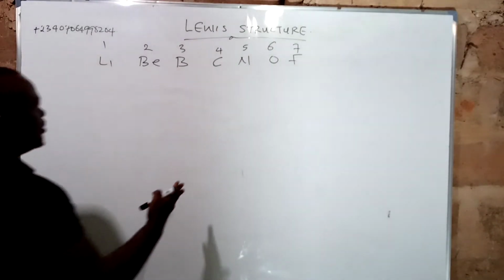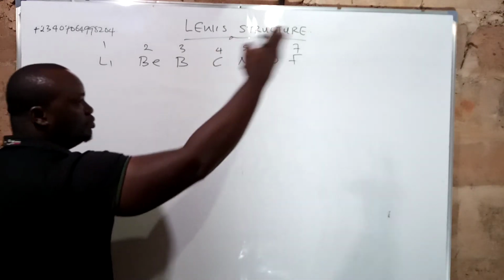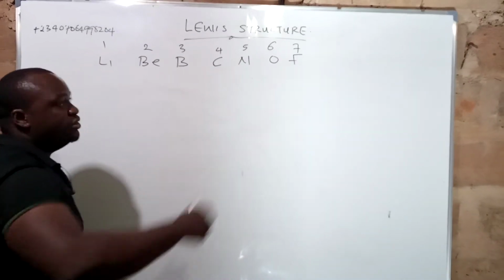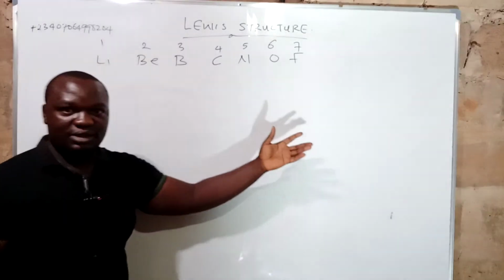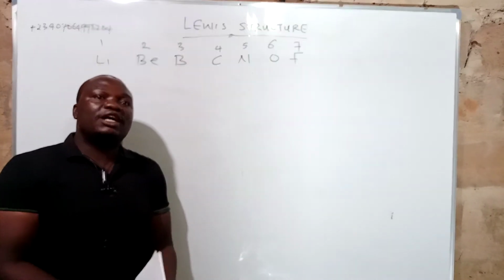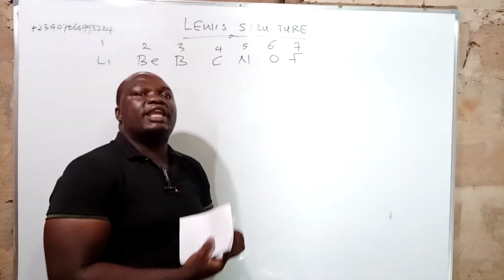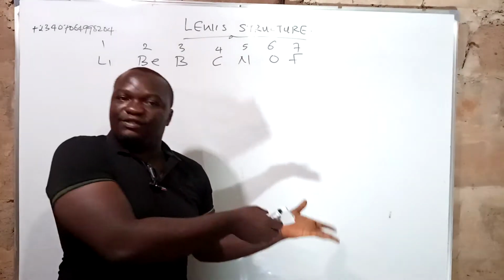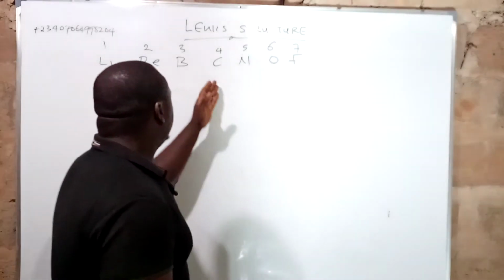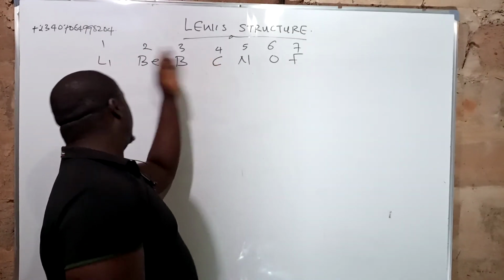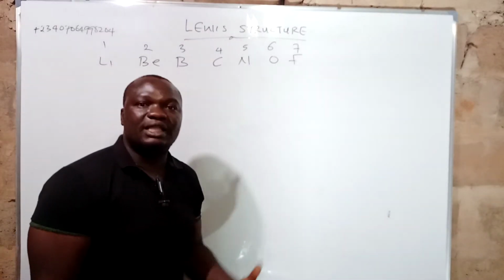Now, remember, from carbon up to the right of the periodic table, they are non-metals. And non-metals accept electrons. That's why they are negatively charged. From carbon to the left-hand side, they are metals.